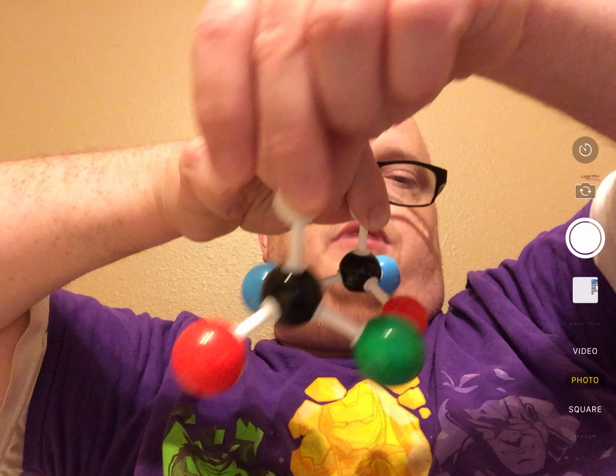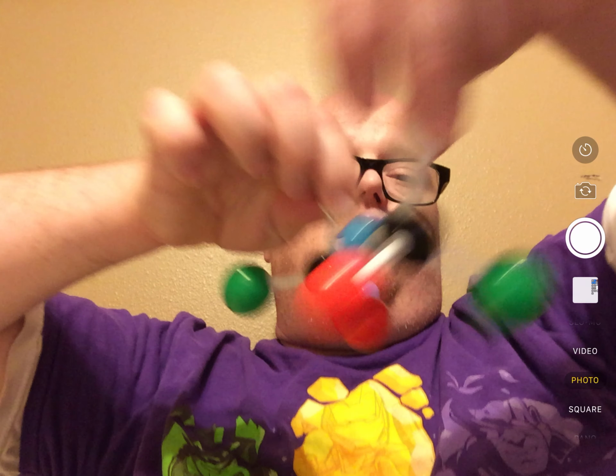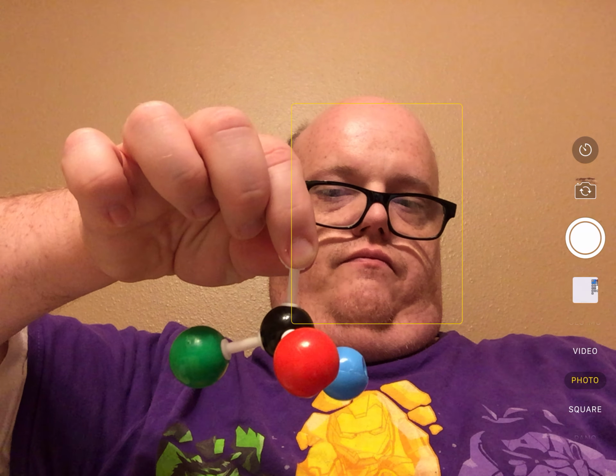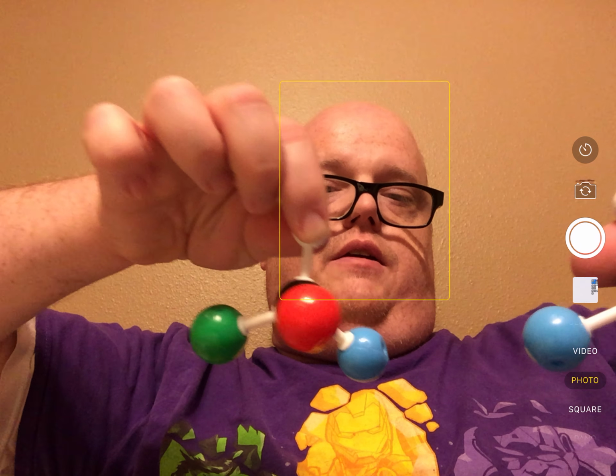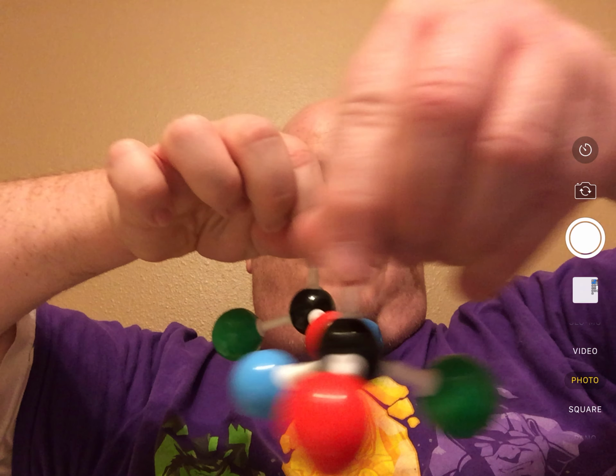Just like last time, if we try to directly superimpose them like that, that doesn't work. So what we can do is we can try to rotate this somehow in a manner to get it to fit. Well, I can do it this way. Well, give me a second. I can do it this way and get both of the bromines in the front, right?